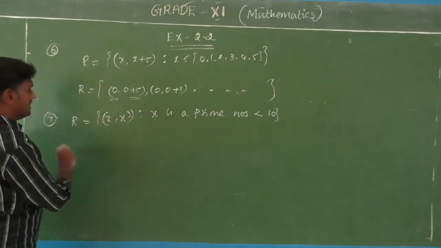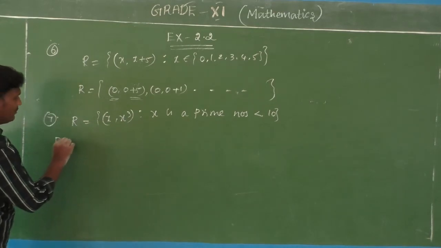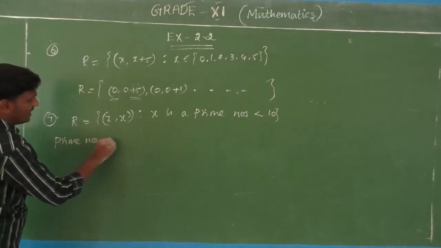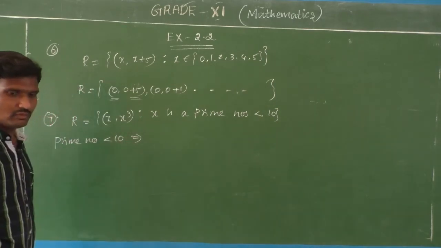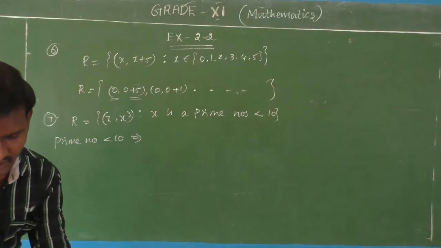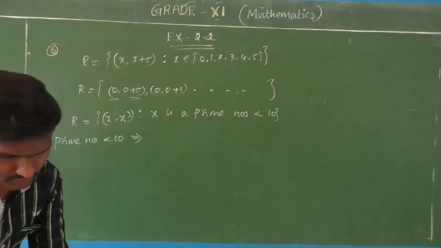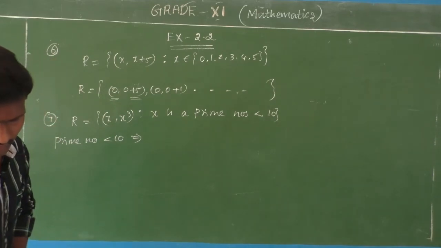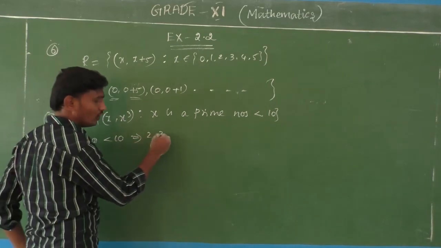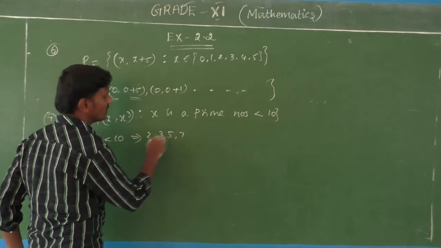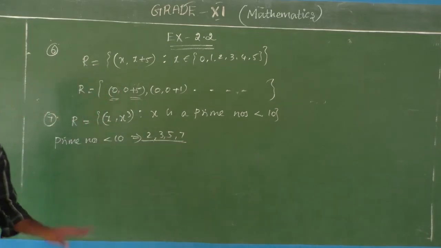See the prime numbers less than 10. What are they? Shall we take 1? No need. Then 2, 3. Shall we take 4? No. Then 5, 7. So these 4 numbers only are the prime numbers less than 10.